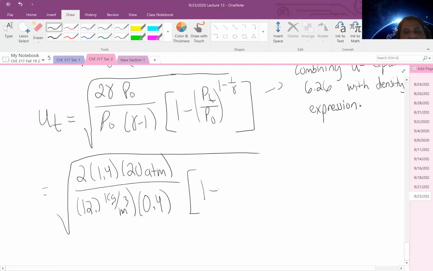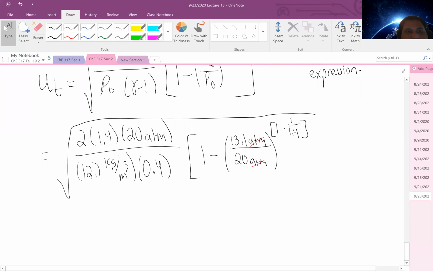And then we have 1 minus the pressure of the throat over P naught, which would be 13.1 atmospheres over 20 atmospheres, to the power of 1 minus 1 over 1.4. And then this is all square rooted. And then we get some really strange units. Let's see what this gives us as a final solution. Feel free to do the calculation yourself and check with me.